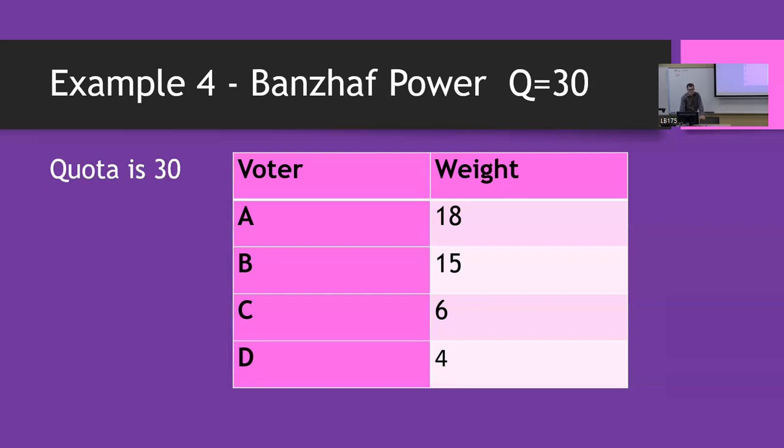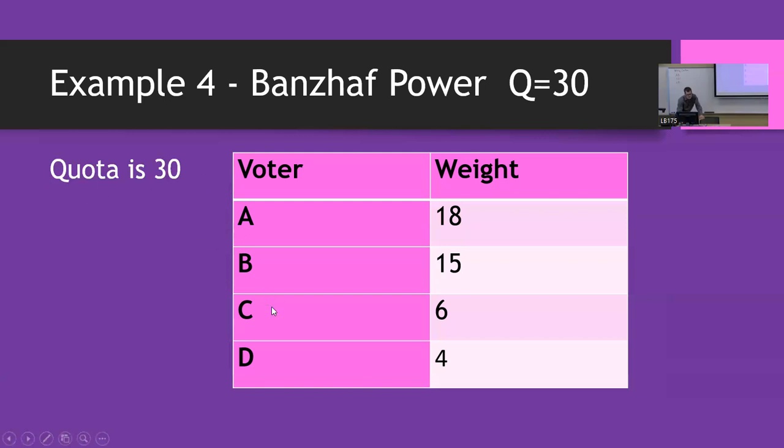Now, when you go to triples, I always just start by throwing out D and then throwing out C and then throwing out B and throwing out A. So I'll test them all. A, B, C, yeah, that'll get us above 30. So A, B, C is a winning coalition. A, B, D is also a winning coalition. So that's just A, B plus attaching one of the others.